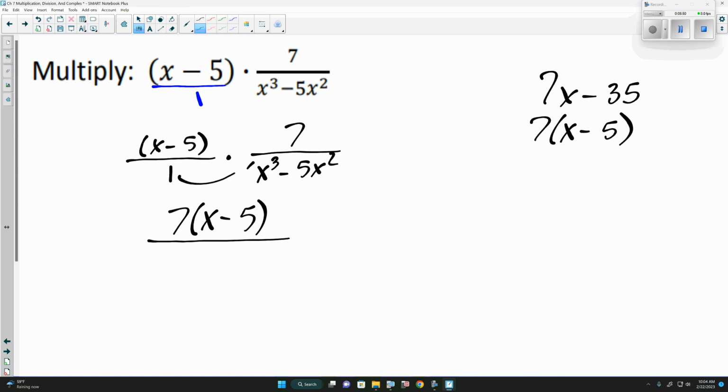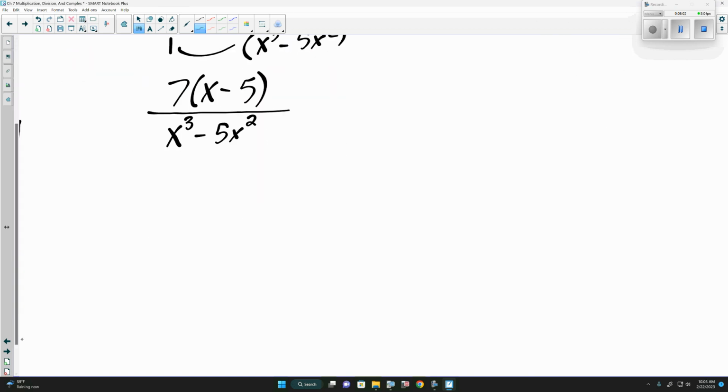The denominator, we're multiplying 1 by x cubed minus 5x squared, which is just x cubed minus 5x squared. Questions on this here? Could we have actually factored the x cubed minus 5x squared originally? Well, yeah, because what do they have in common?